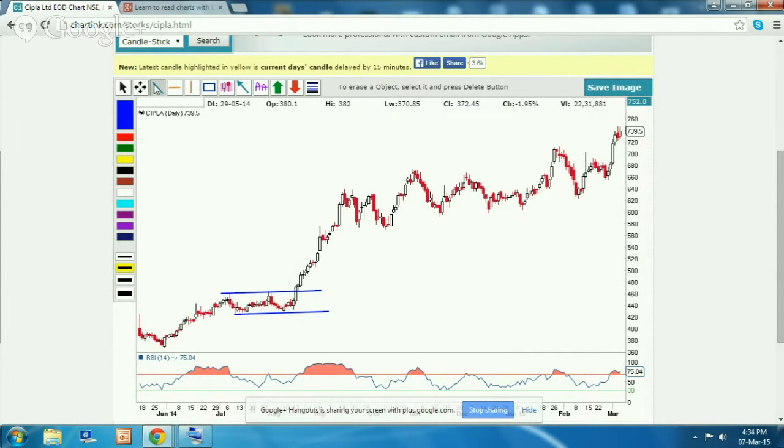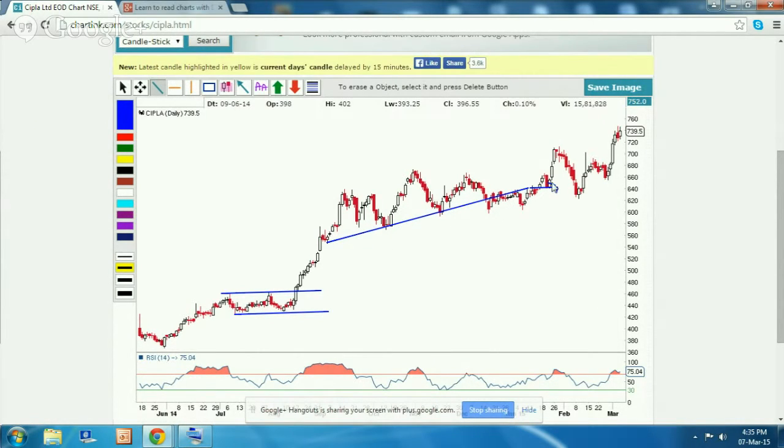The second pattern, if you can identify here, sorry, I'll draw it again. I have drawn, okay. This is the first shoulder, followed by a bigger head, followed by a second shoulder, and there is a breach.